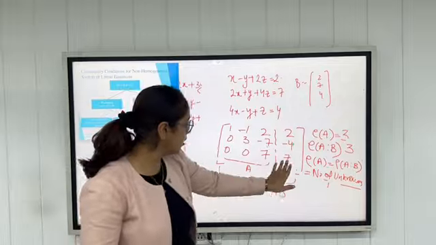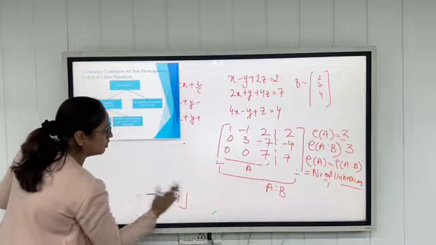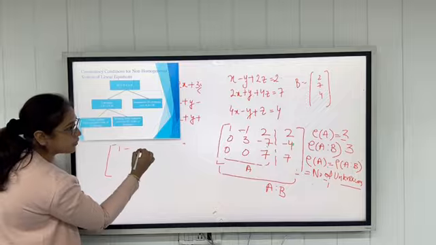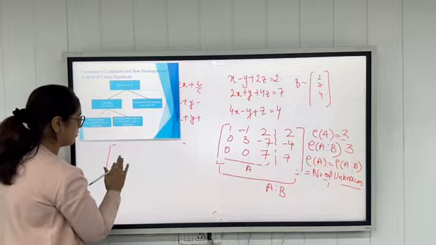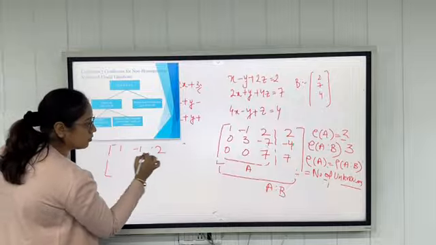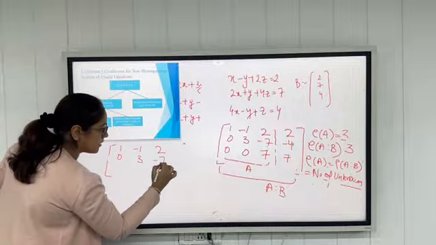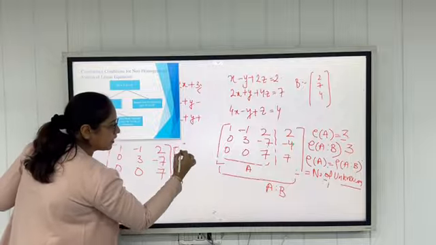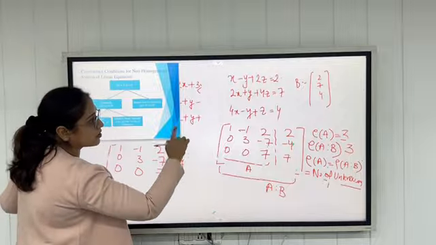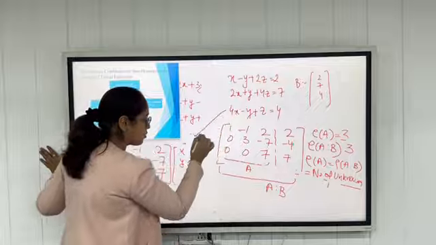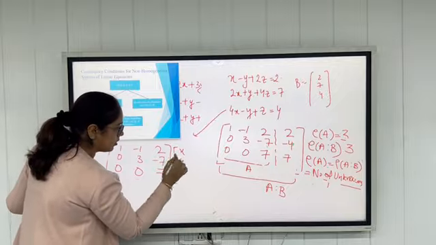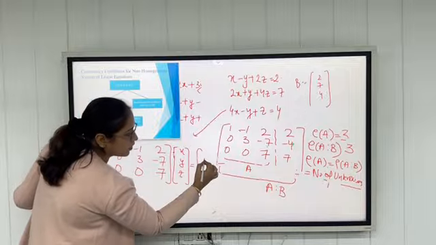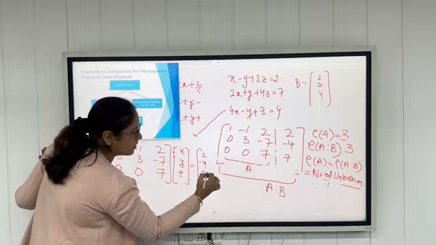Now after that, multiply this, you will get 1, -1, 2, 0, 3, -7. After reducing this matrix into the row-echelon form, you will get this. This system Ax equals B will reduce to x, y, z equals 2, -4 and 7.